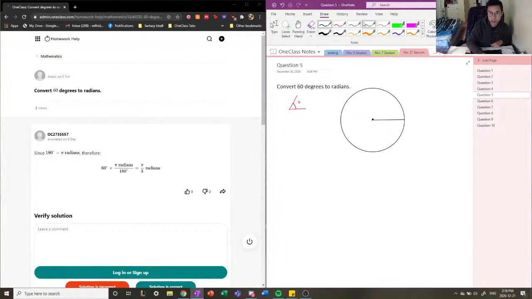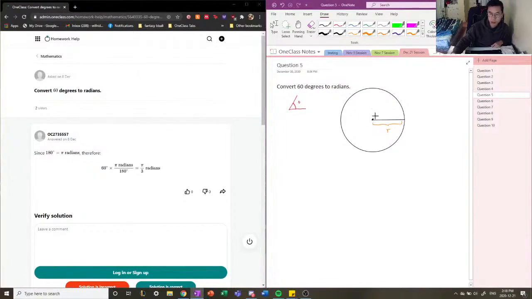So let me label this in orange, and we will call this R for radius. Okay. Like I said in our previous example, the degree is a measuring unit to define the angle between two lines, right?